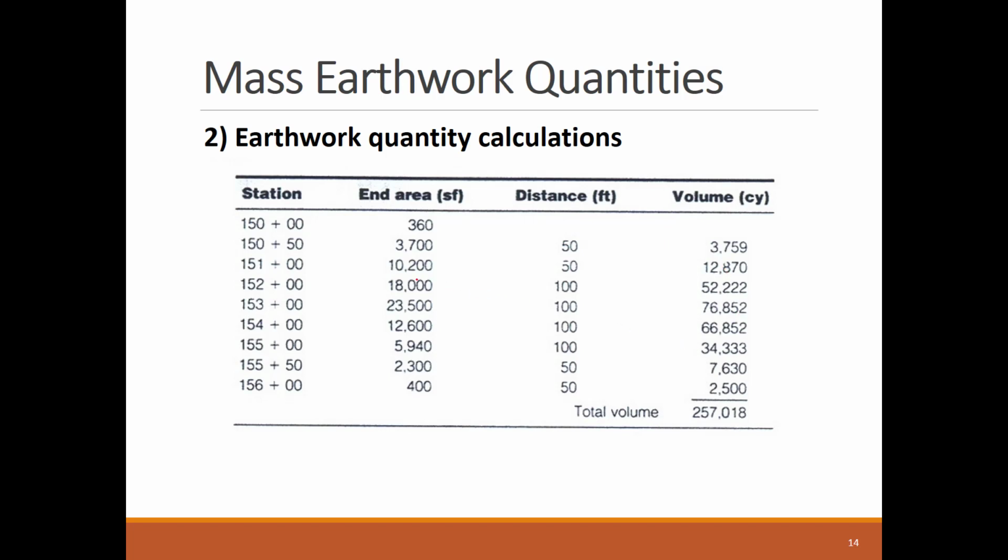The first end area is located at station 150, and has an end area of 360 square feet. The distance and the volume values for this station are skipped and left blank, as they require two end areas at two successive stations.